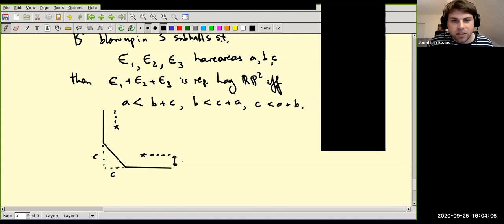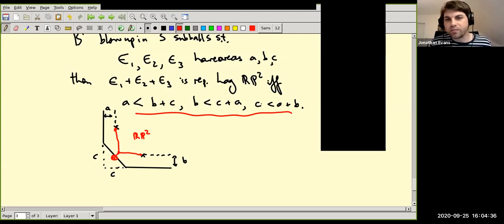So this distance here is maybe B, and this distance here is maybe A. And now the claim is that if you try and draw a tropical Lagrangian like this, you can do it, and this is going to be a Lagrangian RP2. So here there's going to be a Möbius strip, and this is a sort of tropical pair of pants that gets capped off by a disk here and a disk here. So this is Lagrangian RP2. But you can do it if and only if these 3 inequalities hold. If any of these 3 breaks down, then this thing you try and draw doesn't exist.